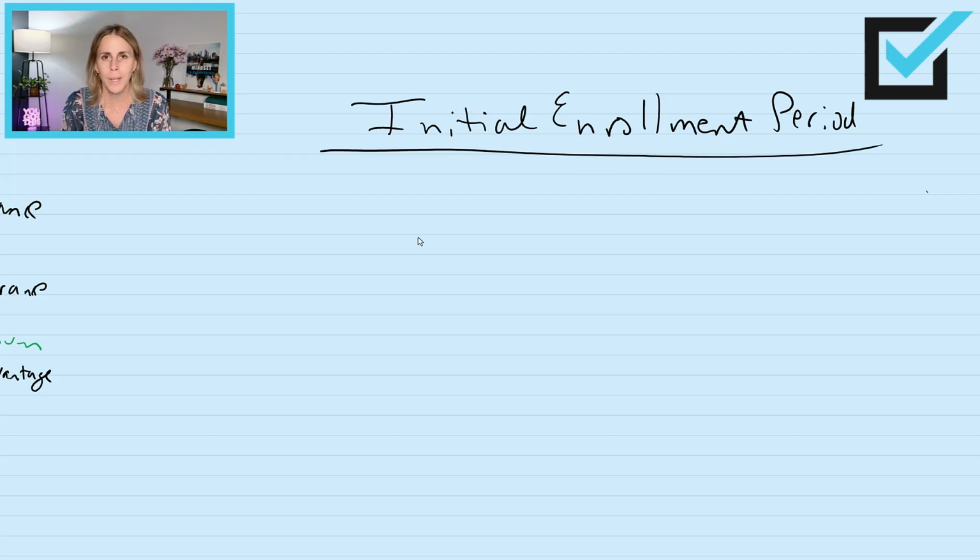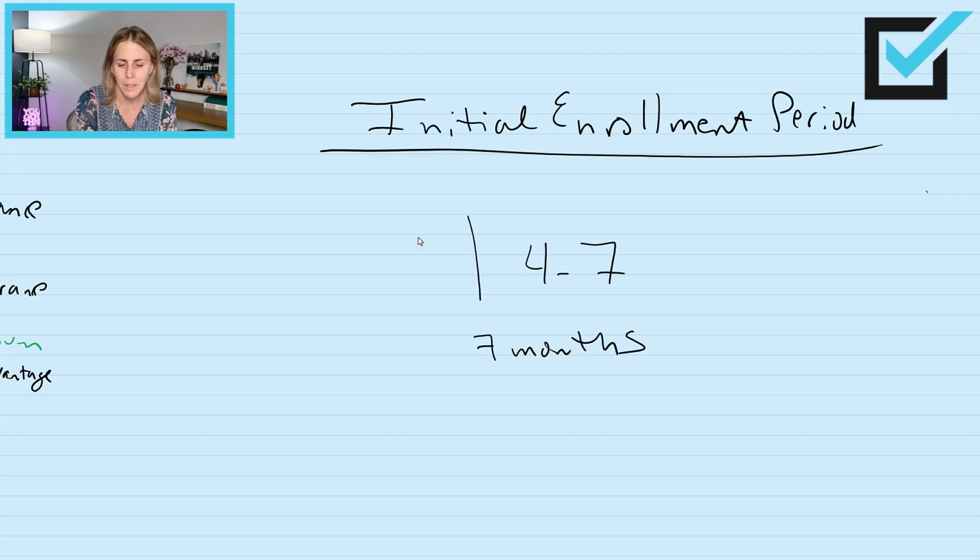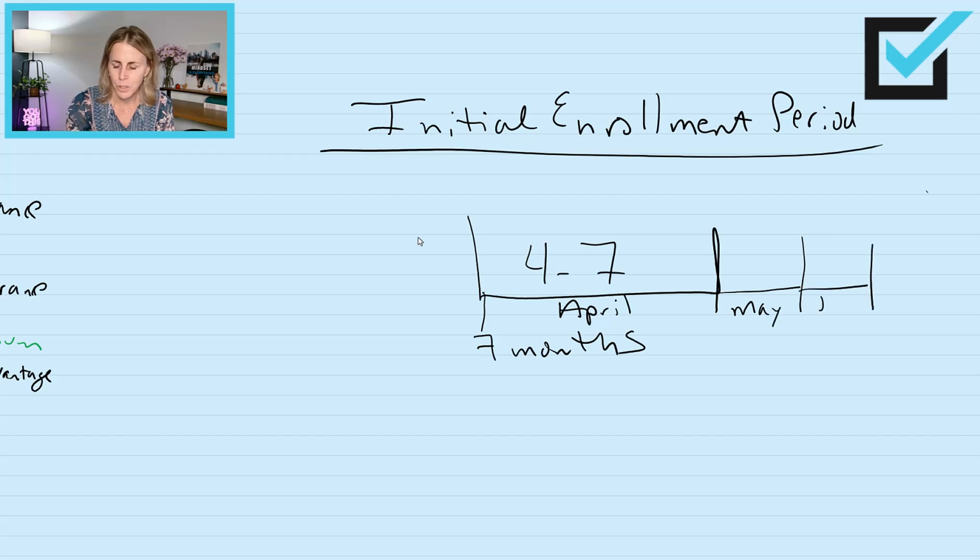So it's everyone else who's not already in the Social Security system that needs to be aware of their initial enrollment period. So let's say that your birthday is April 7th. The initial enrollment period is 7 months. So April is the month of your birthday. We're going to go after your birthday, May, June, July.